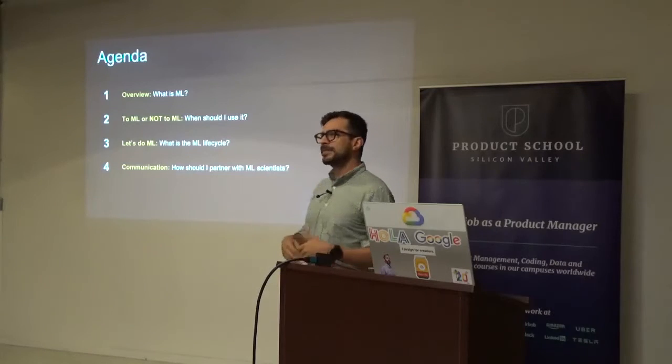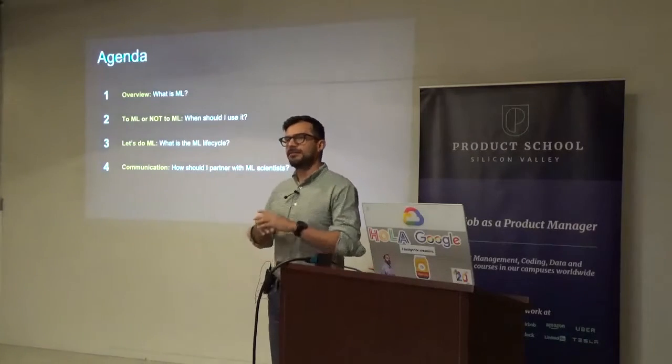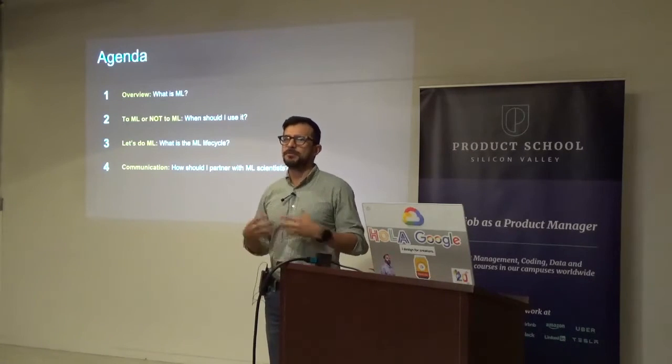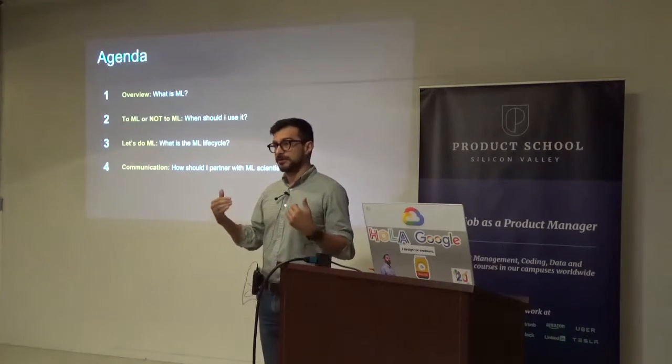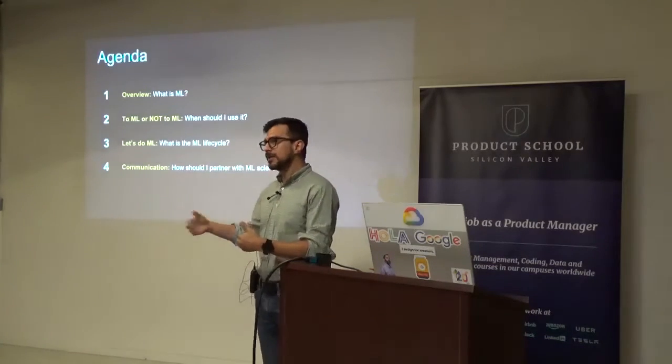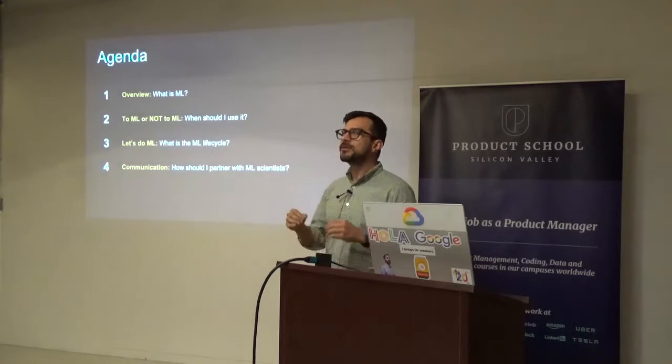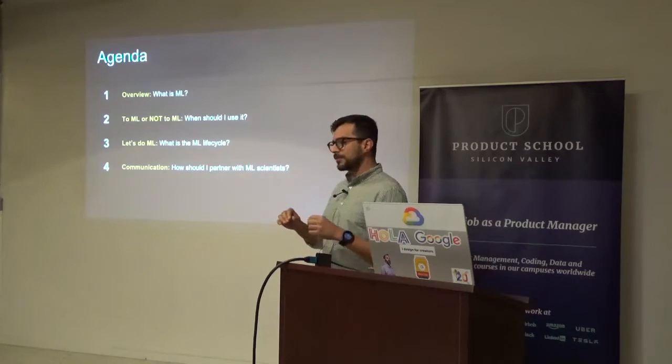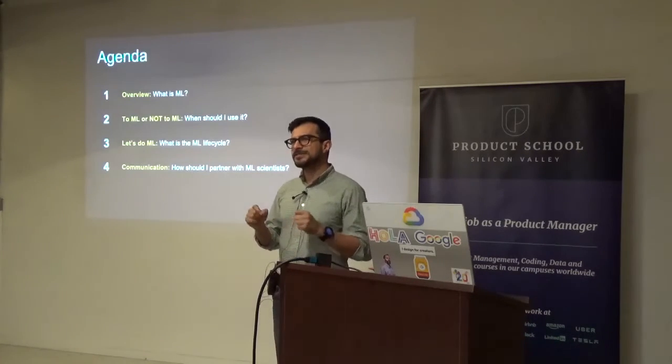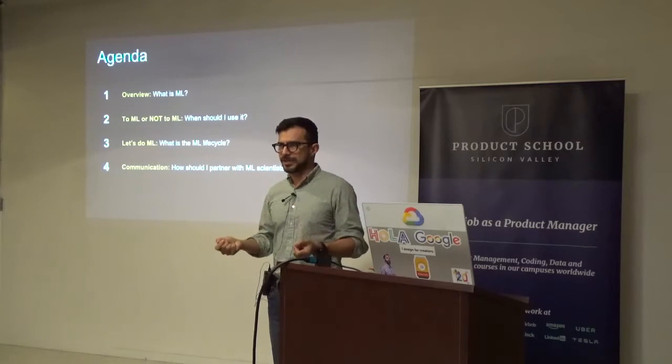Then I'm going to go into a very high overview about the process of using machine learning to resolve a problem. And then I will take a little bit more time and really go into details about the role of a product manager in machine learning.